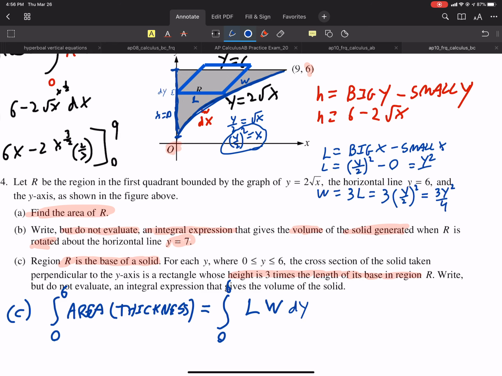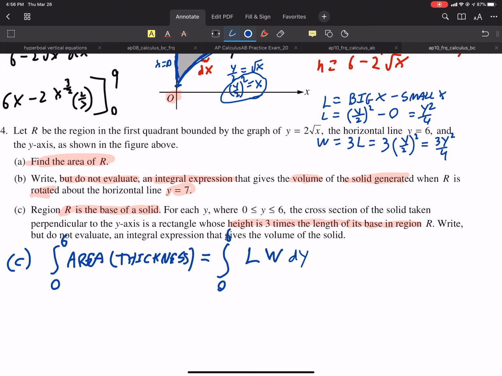So now we're ready to do this. Integral from 0 to 6, the area is length times width, so y squared over 4 times 3y squared over 4 dy.